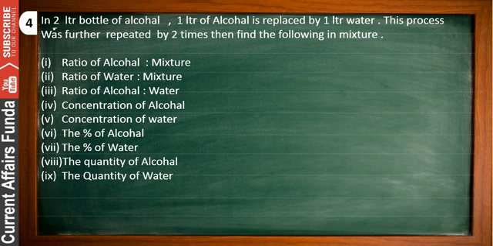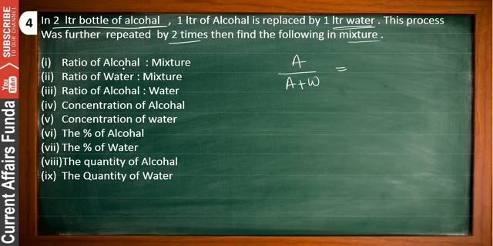A 2 liter bottle of alcohol, 1 liter of alcohol is replaced by 1 liter of water. This process is further repeated 2 times. Then find the following things in the mixture. So friends, first of all we need to take the alcohol divided by the mixture, that means alcohol plus water. You need to find out this ratio.